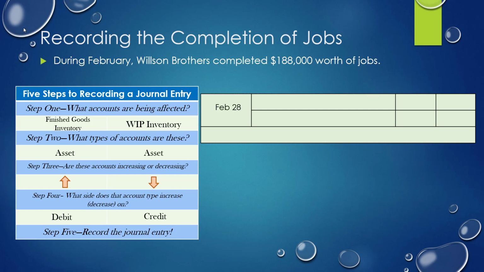So our February 28th entry to record the completion of $188,000 worth of jobs is going to be a debit to finished goods inventory for the total cost of jobs being completed, which was $188,000, and a credit to WIP for that same $188,000 in the journal entry to record jobs completed during this month of February.